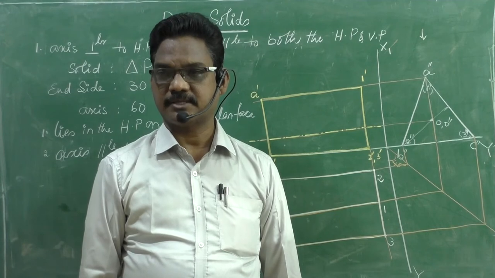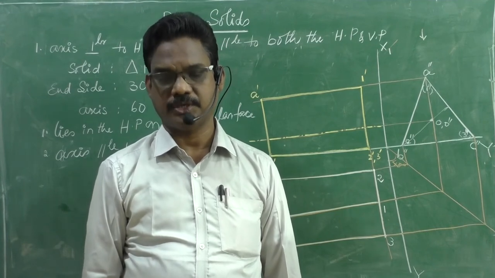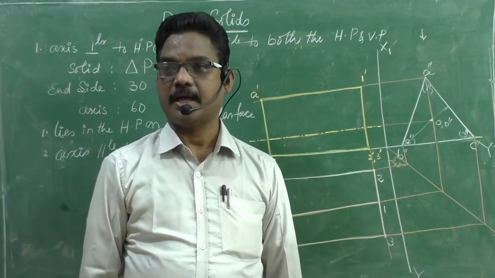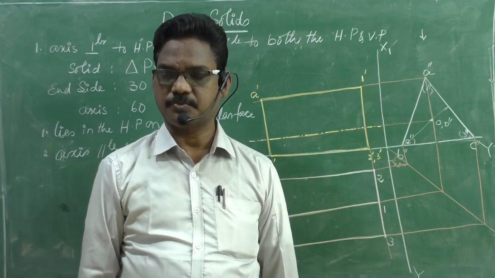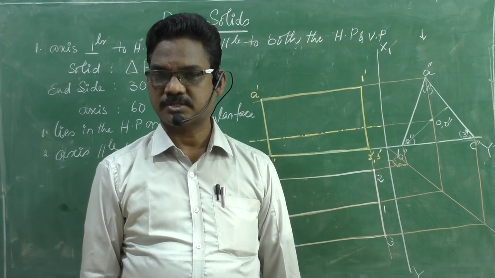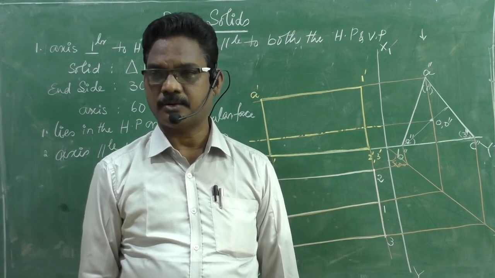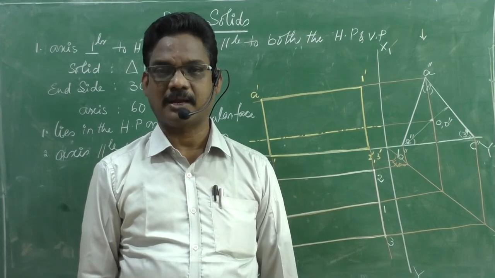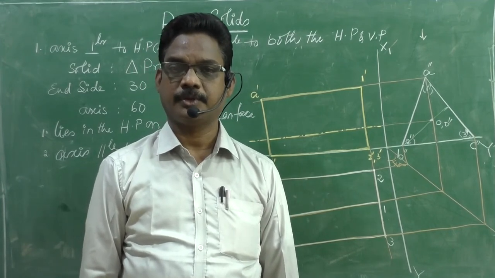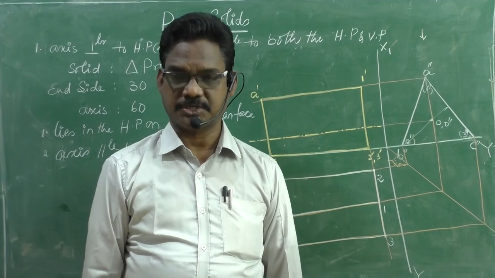The axis is perpendicular to HP and the face which lies in the HP, its one side is parallel to VP. One side is parallel to VP. Draw its projections.